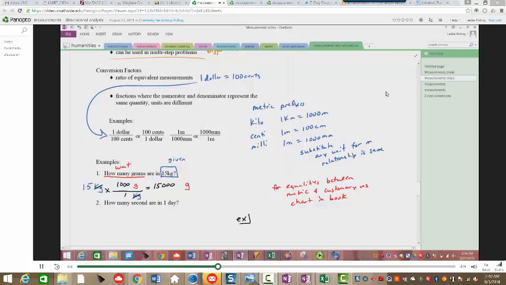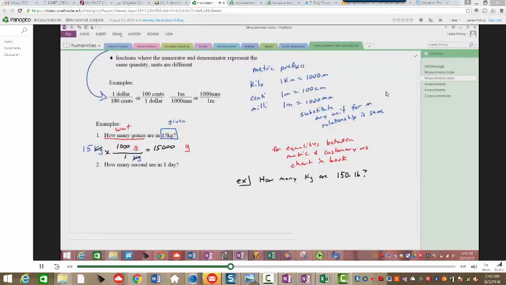So another example, how many kilograms are 150 pounds? I'll use my colors again. 150 pounds is what we were given.